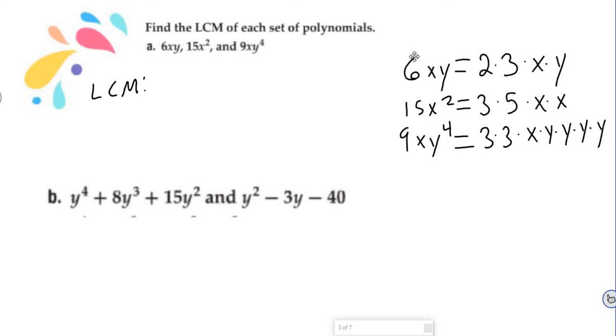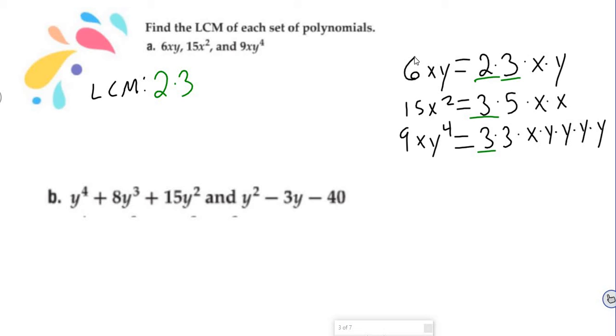Okay? So notice that on my first one, if I pick this 2, well, I only have 1 two there. Do I have a 2 anywhere else? No. So once is going to be the greatest number of times that it appears. What about my 3? I have a 3 here. So if I write down the 3, that takes care of this one and this one. Well, what's the problem?